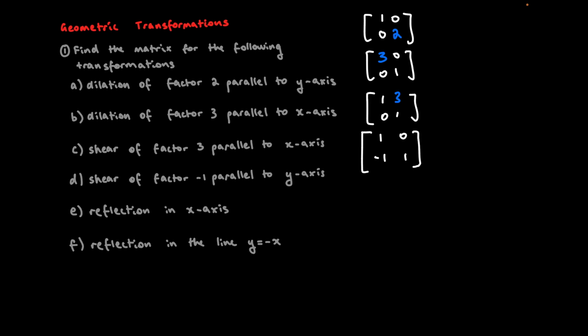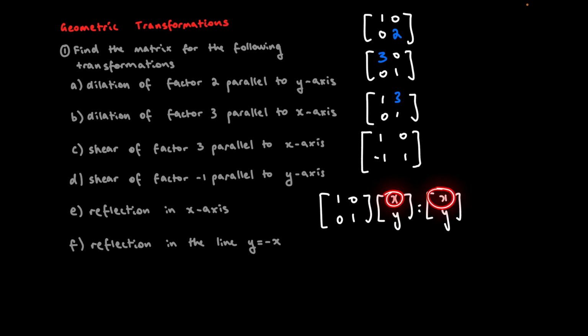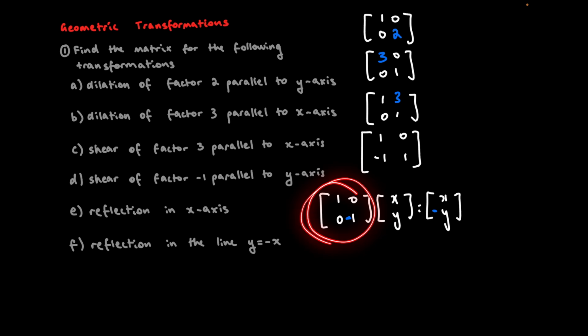So if I look at my identity matrix, we know the x values must retain the same, but the y value must be transformed to now -y. And the way I can generate this matrix is by simply making this number here -1. So this is my reflection matrix in the x-axis.